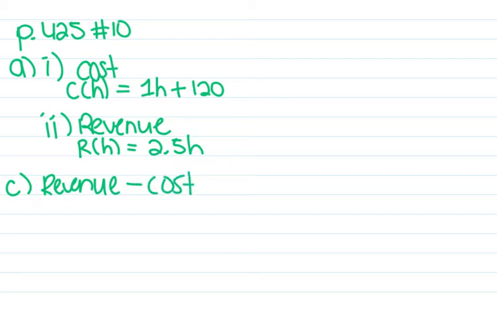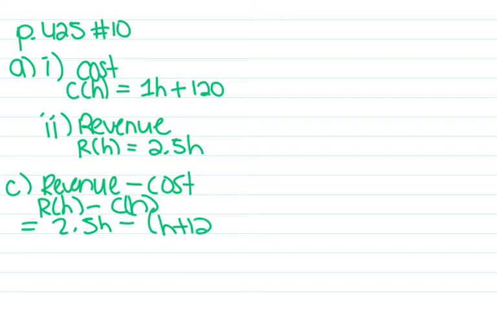So considering what we just learned in this lesson, we're going to subtract these two functions. So R of H minus C of H. So that would be 2.5 H minus, in brackets, H plus 120. And that has to equal 0 because the revenue minus the cost has to equal 0 because it's the break-even point.